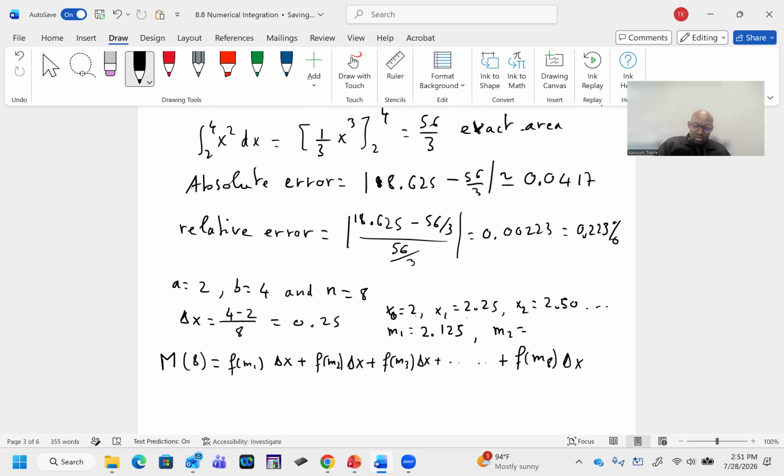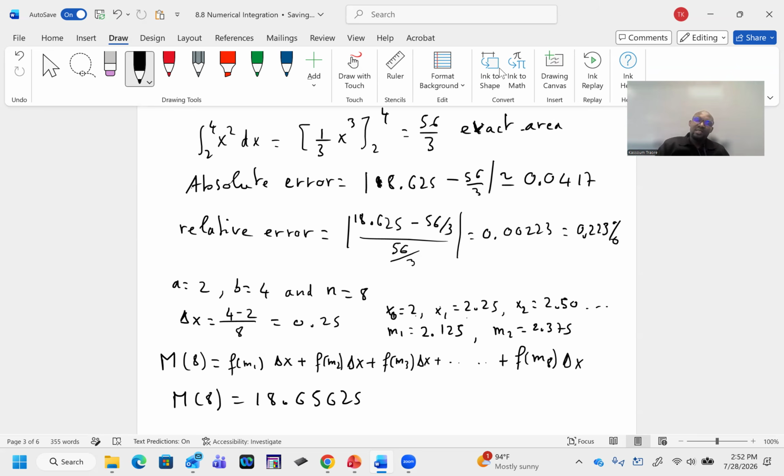So you add 2.25 plus 2.5, and then you divide that by 2, which will give me 2.375, right? You do exactly the same thing, and then you will see M of 8 will give you 18.65625. Okay, that's how you use the midpoint.